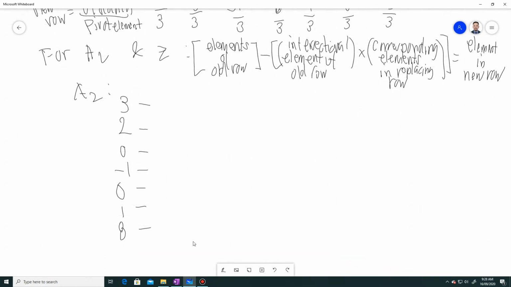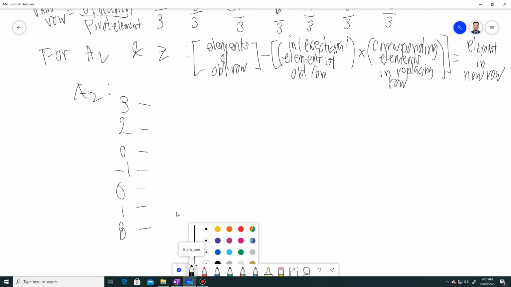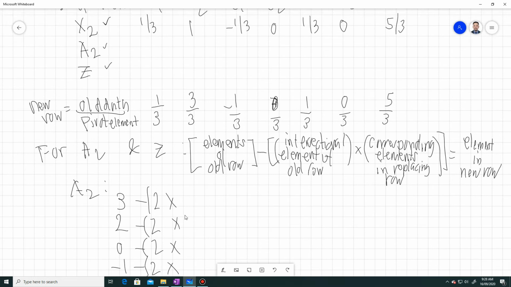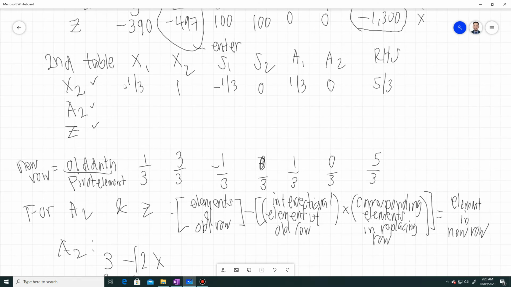So we write 2 to all of these numbers, and then we put the parenthesis or bracket, then multiplied, we said we multiplied it with the corresponding elements in the replacing row, which we solved earlier.